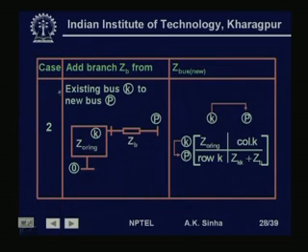Similarly, for type 2 modification, we connect a branch with impedance ZB from a new bus P to an old bus K.